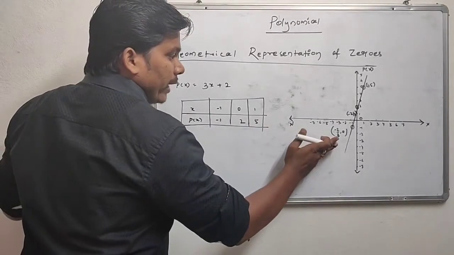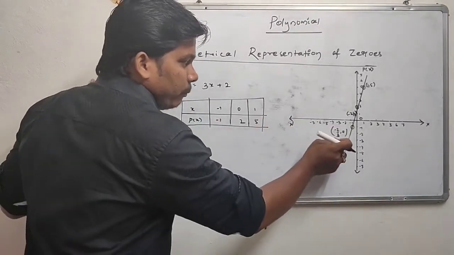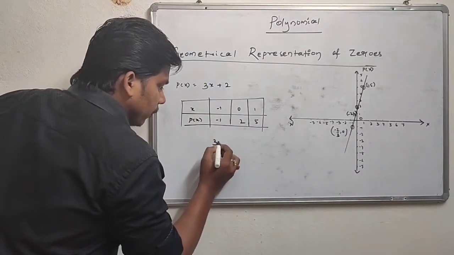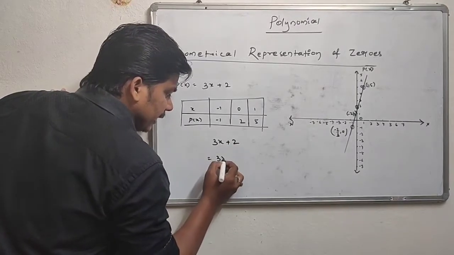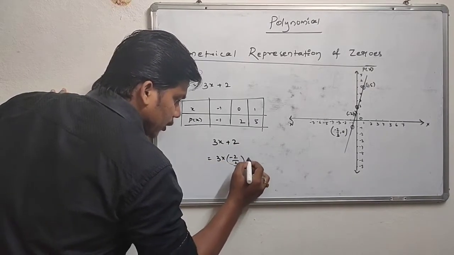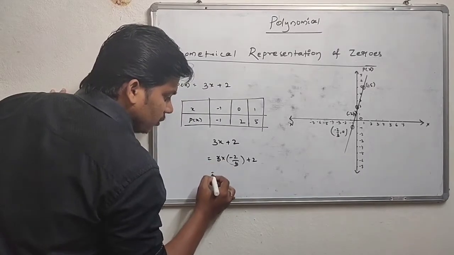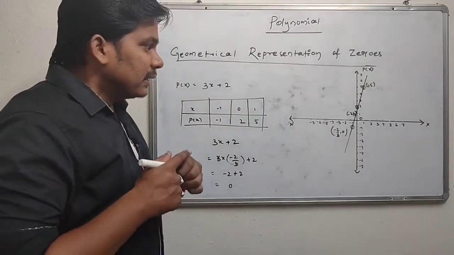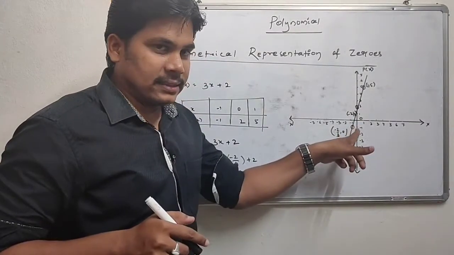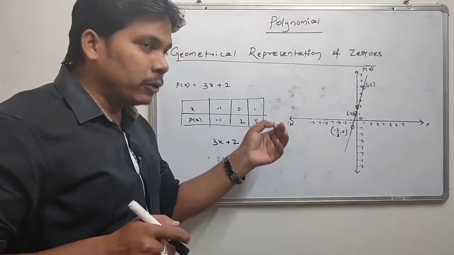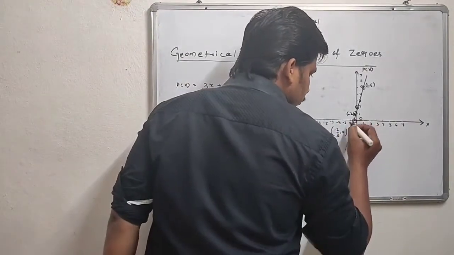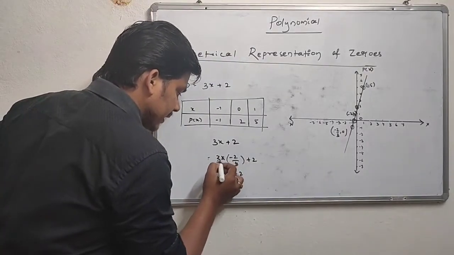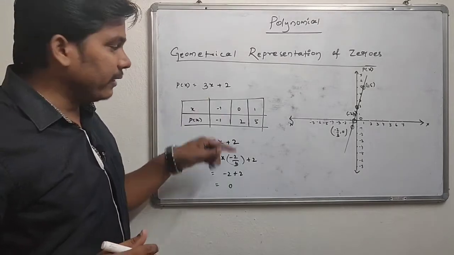Just now, to get more knowledge about this, I am putting this value in this equation. What will I get, let's see. If I take the polynomial 3x plus 2, 3 into minus 2 by 3 plus 2. The 3 will be cancelled out, this will be minus 2 plus 2. This is 0. That means what? When we put the point where the line cuts the x-axis, this value, in this polynomial, then we will get 0.